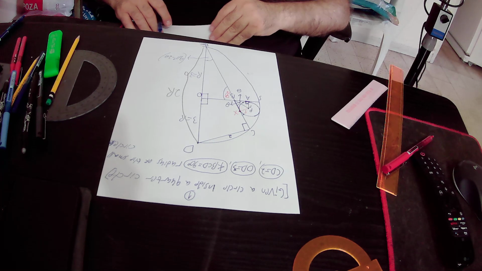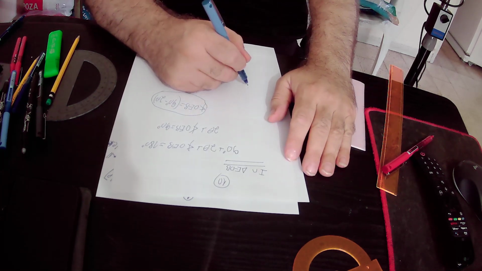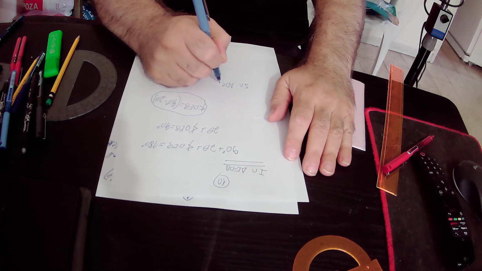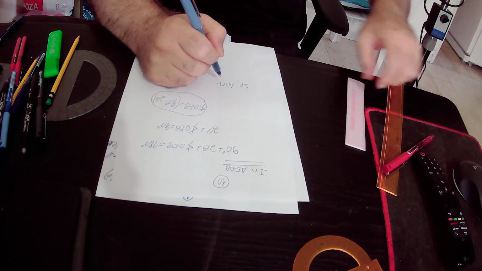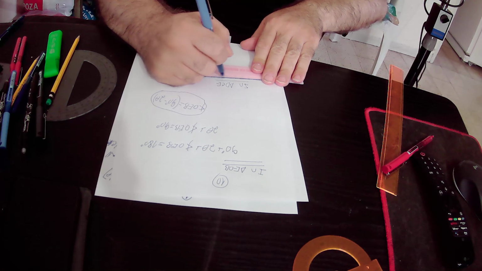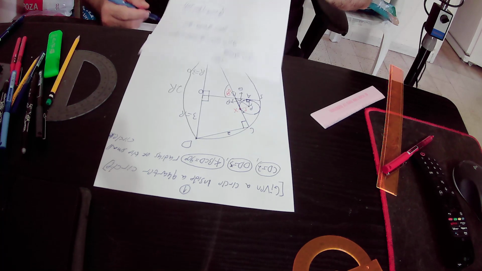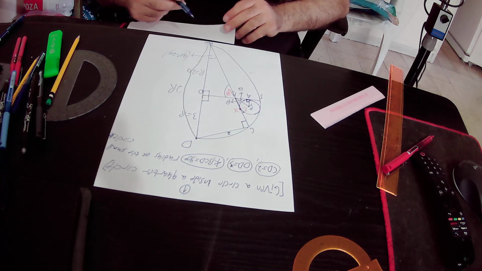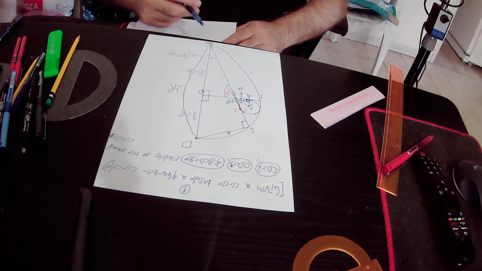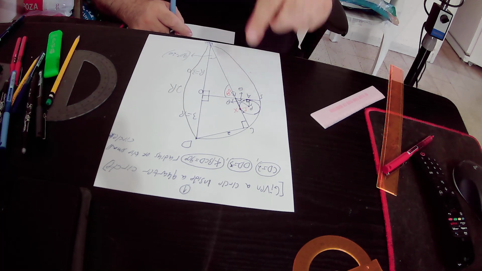So in triangle DCE, the right triangle DCE, again in any triangle the sum of the angles is equal to 180 degrees, and especially in the right triangle DCE, the sum of the angles is equal to 180 degrees. So what is the sum of the angles in the right triangle DCE?